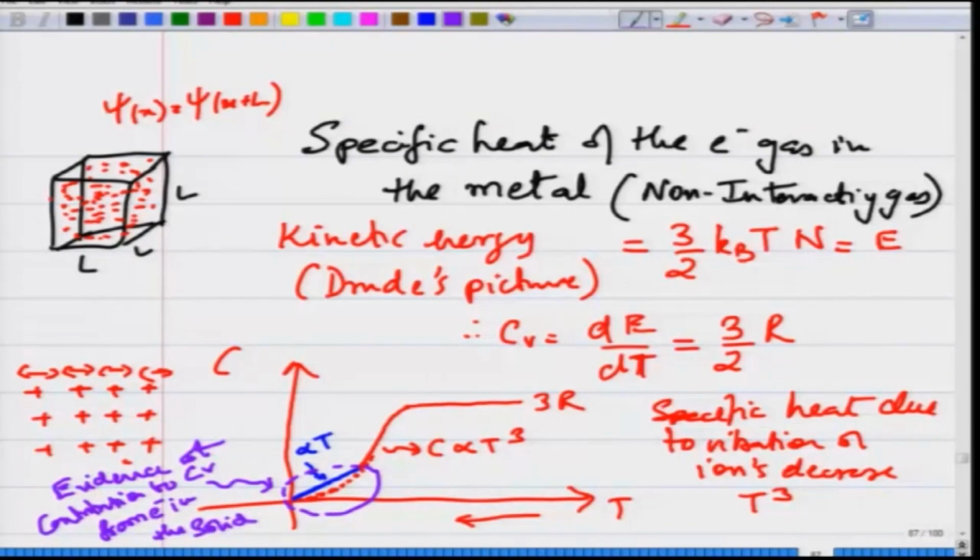The presence of the electrons in the solid actually contributes to the specific heat, and the contribution of these electrons shows this linear temperature dependence.